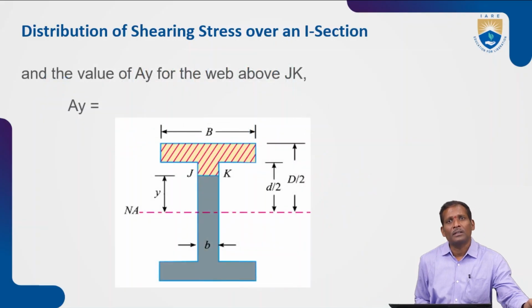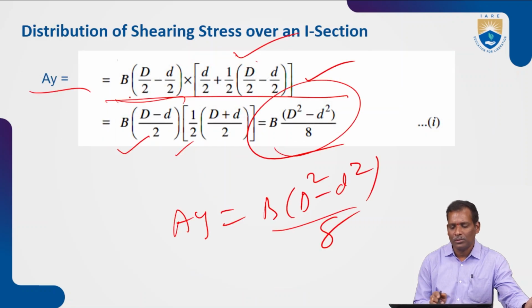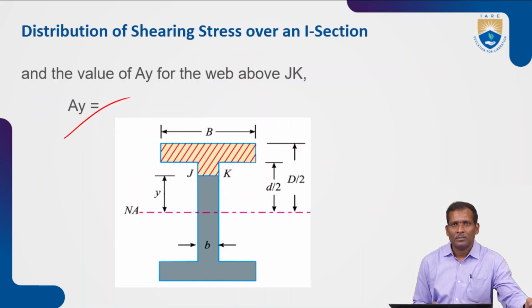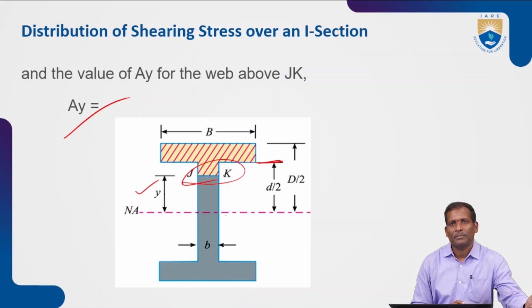Now substitute in the equation. So enter the value of A y bar for the web about JK. So what is the A y bar value? Capital B into D square minus small d square by 8. So here is shown the JK portion. From this edge to the neutral axis is y. From the neutral axis to the bottom portion of the flange is small d by 2, capital D by 2.